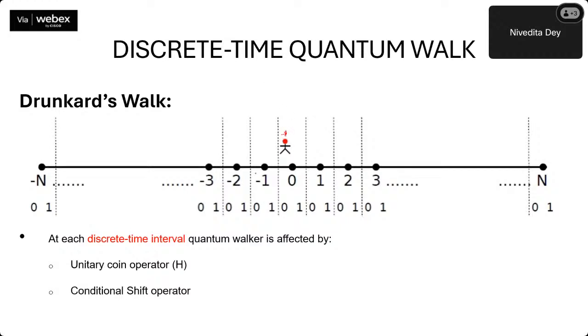Say this is a drunkard. How does a drunkard walk? He may go either left or right, then from that point again some left or right. He will be walking very randomly, right?